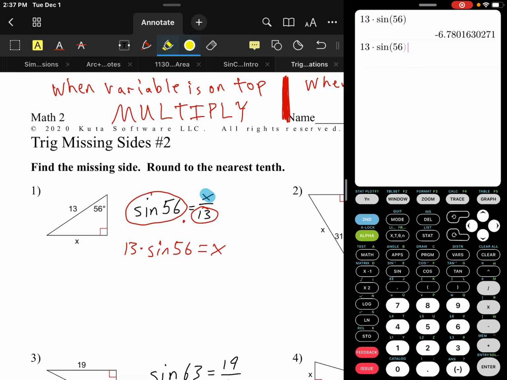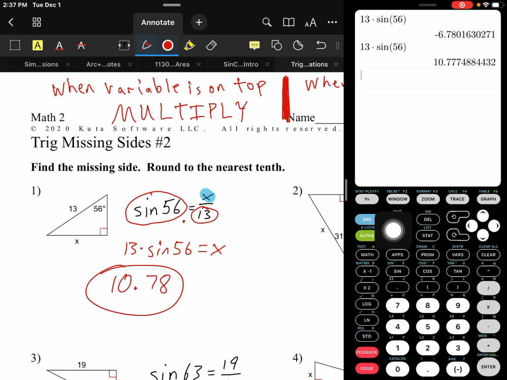I'm going to copy that down and hit enter. You can see a completely different answer from what the radian mode is. So 0.78.